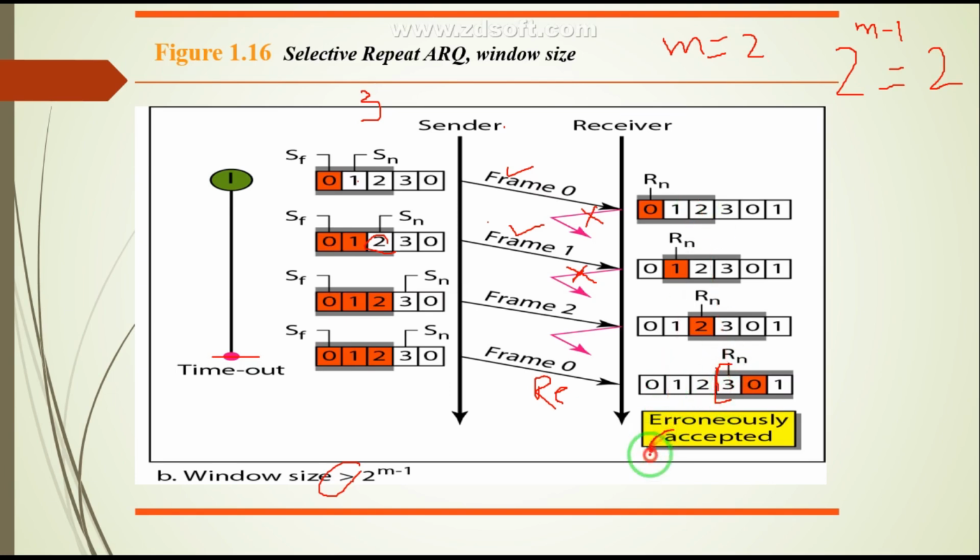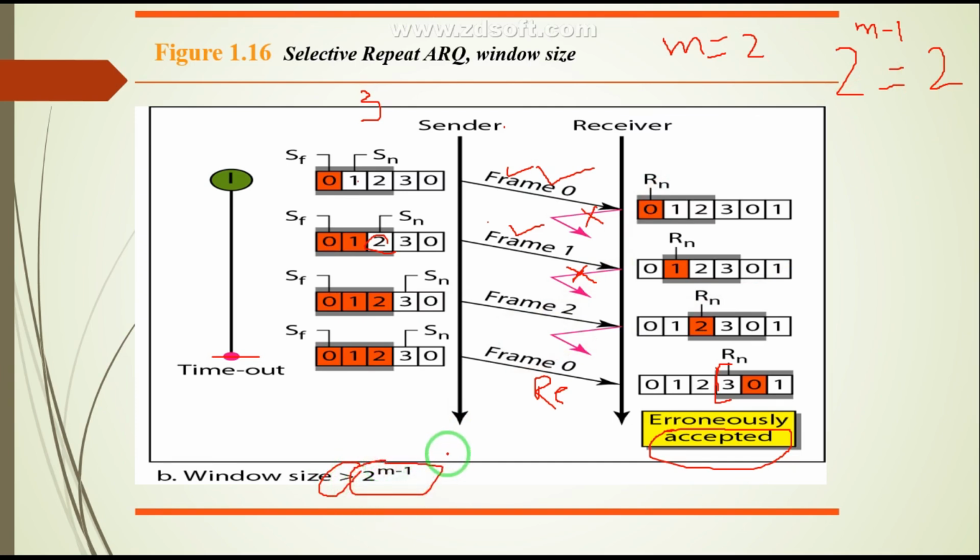So this frame 0 is accepted as a frame 0 of the next cycle, but unfortunately it is a duplicate frame because frame 0 is already there. That's the reason why the window size must not be greater than 2 raised to m minus 1.